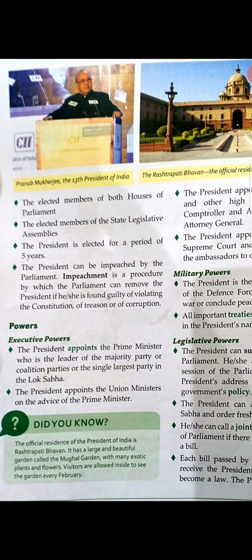All important treaties and contracts are made in the president's name. Children, when two different countries meet together and talk, they have similar thoughts, ideas and ideologies, and they have to sign on those.